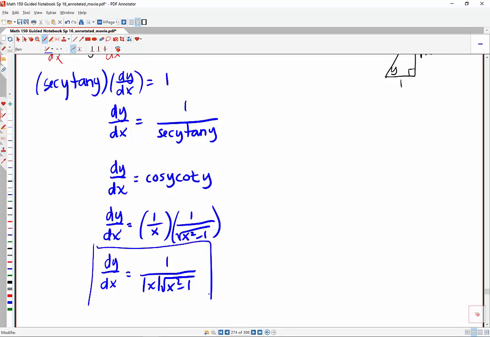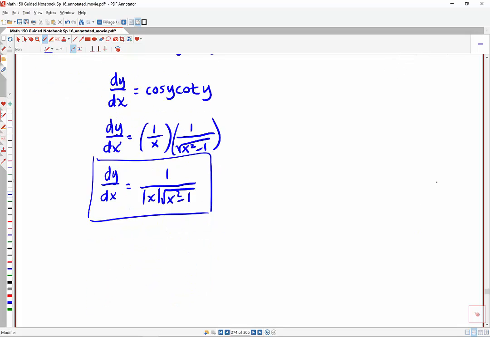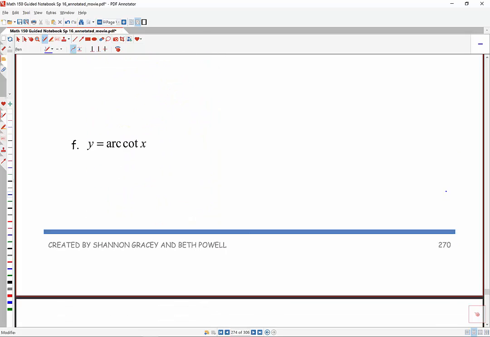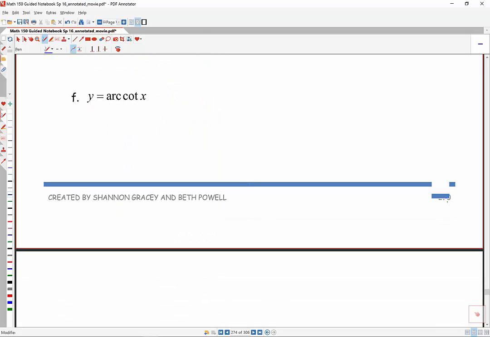Okay. So now we get to our arc cotangent at x. And we'll see what that one turns out to be. And then we'll work on some other problems. So y equals arc cotangent at x.